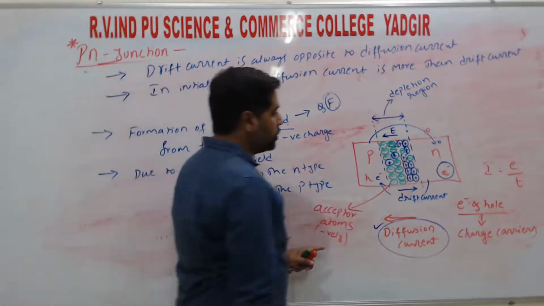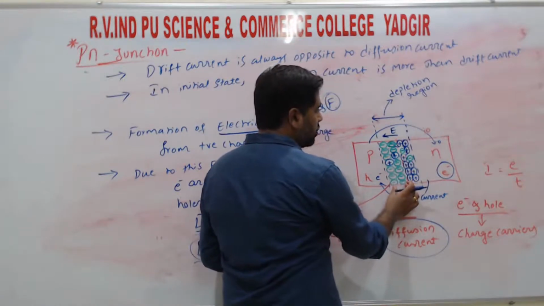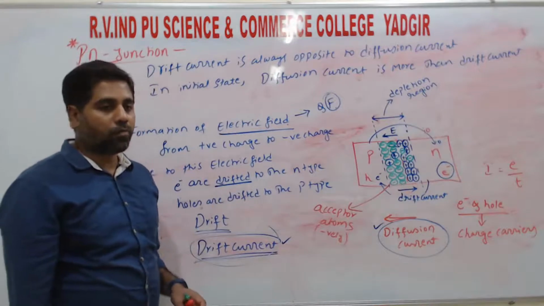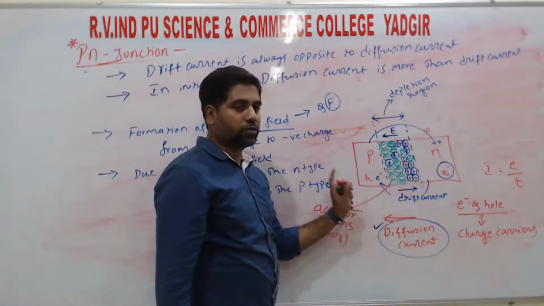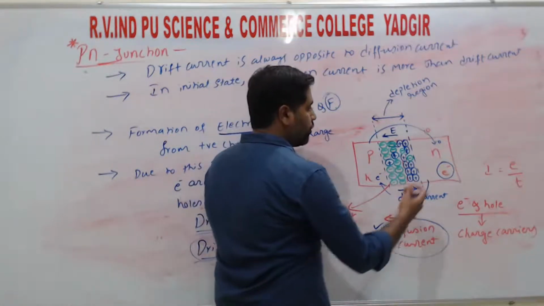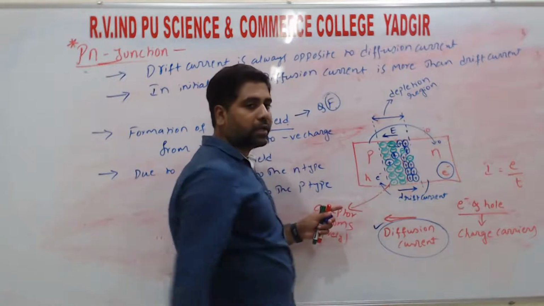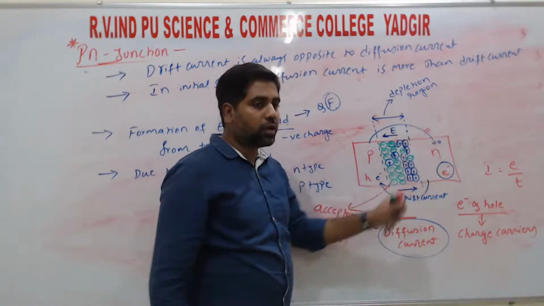So in the initial state, we observe here only two layers of the electrons and two layers of the positive charges are formed, because only this much of the electrons are diffused. As time passes, the number of electrons diffusing goes on increasing, and also the number of holes which are diffusing goes on increasing.